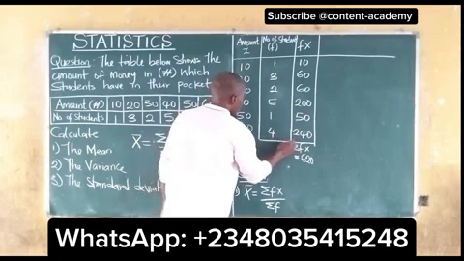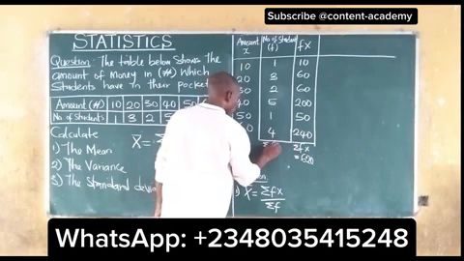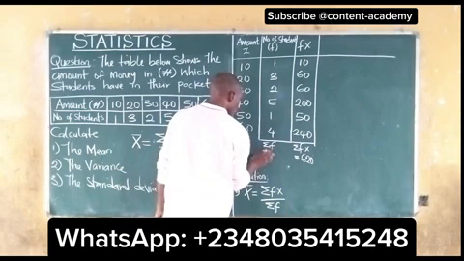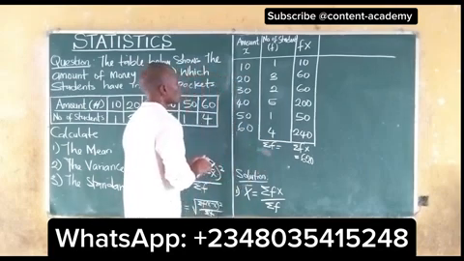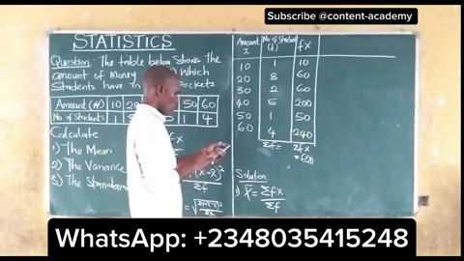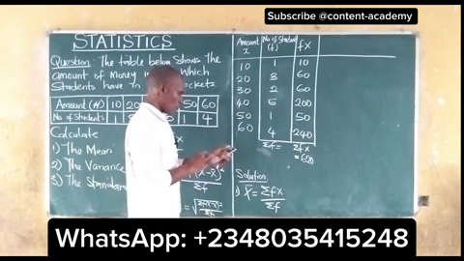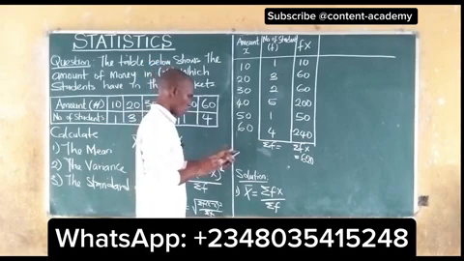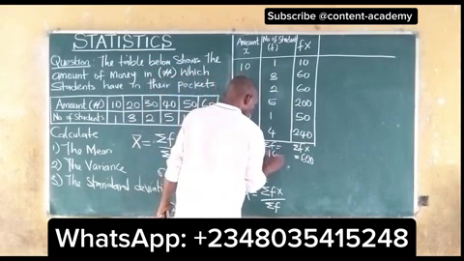The summation of f is 1 plus 3 plus 2 plus 5 plus 1 plus 4, which is 16.